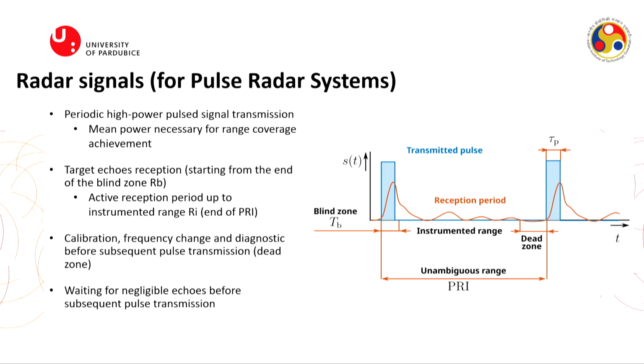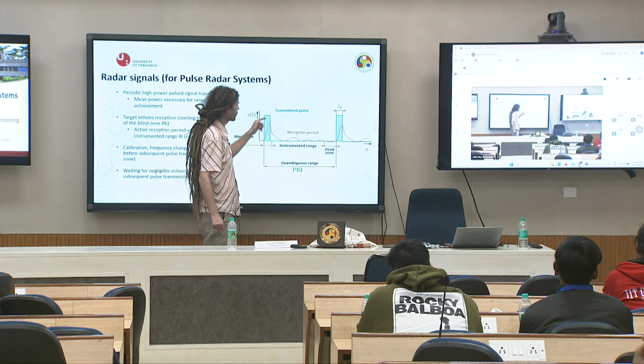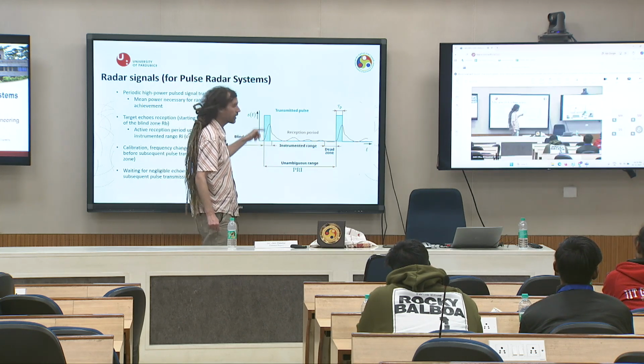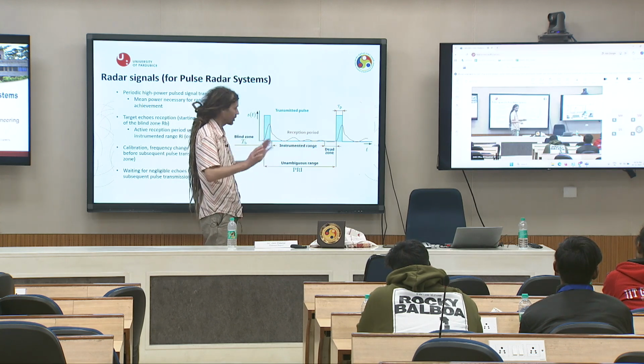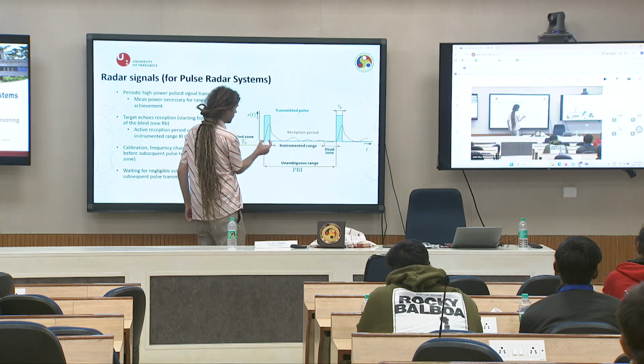Okay, now I will go to radar signals. This is my transmitted pulse. Clear. I will not talk about inner modulation. It is just a pulse. And this is the length of the pulse.